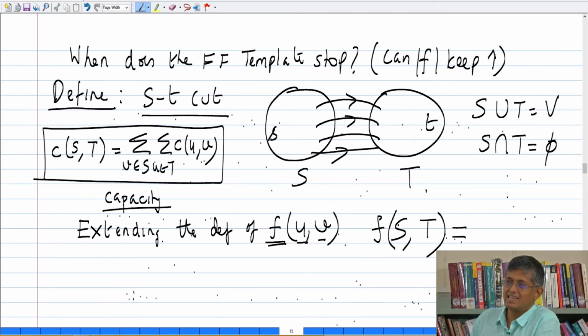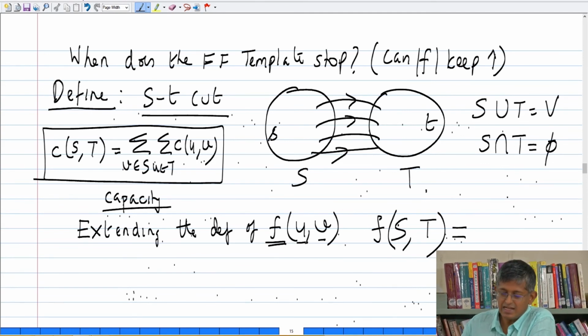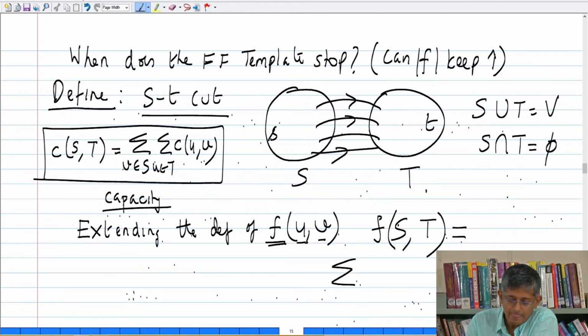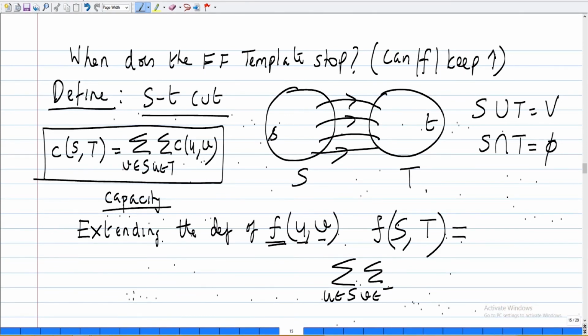Very good. Exactly, what she says is right. So what you do is you define this as f of u comma v summed over u in S and v in T, minus summation u belonging to S, summation v belonging to T. Remember that you want to define concepts which ensure that you don't overcount. It has this current like behavior.